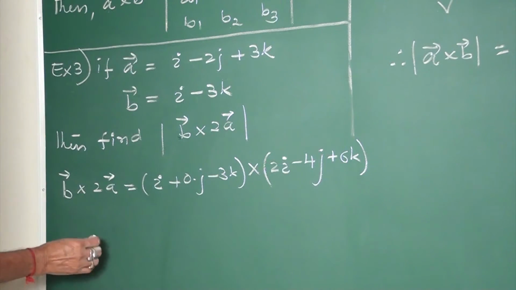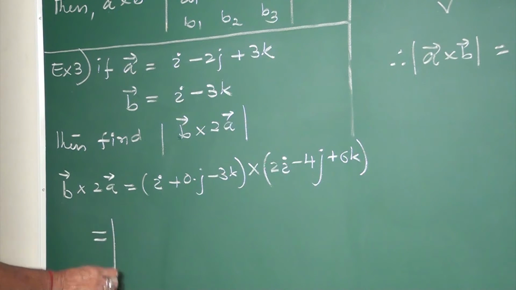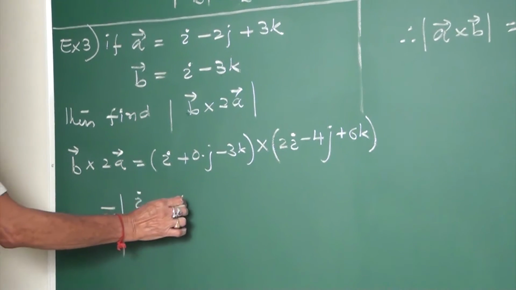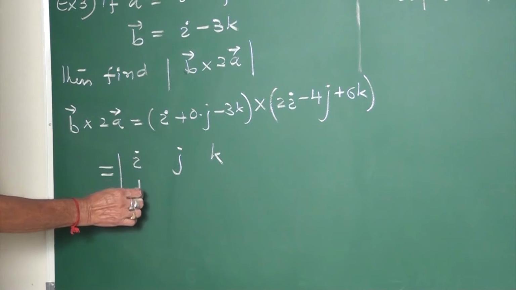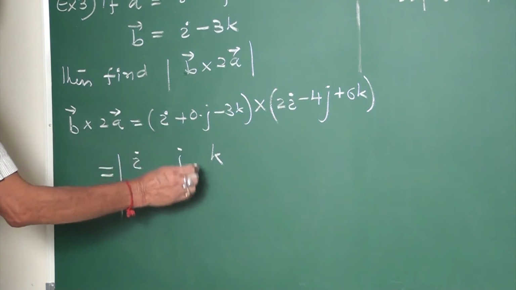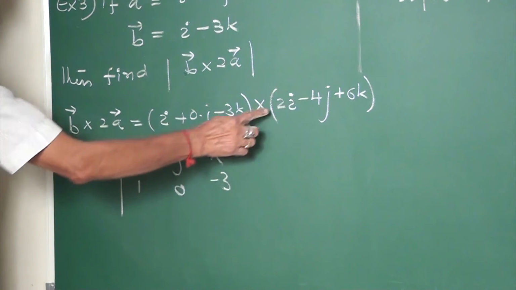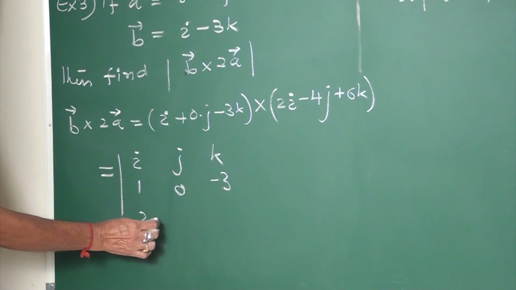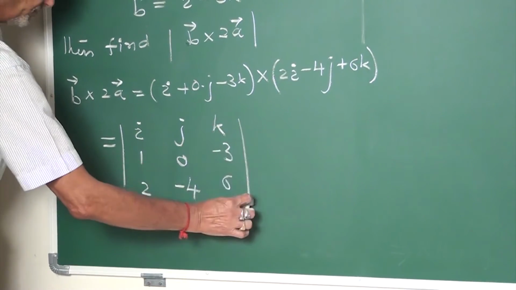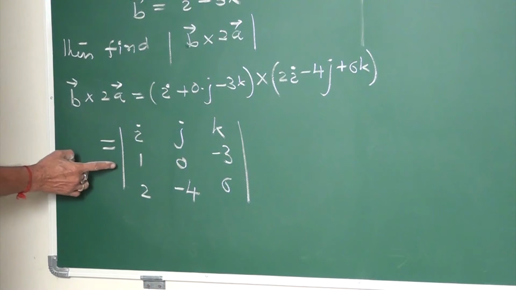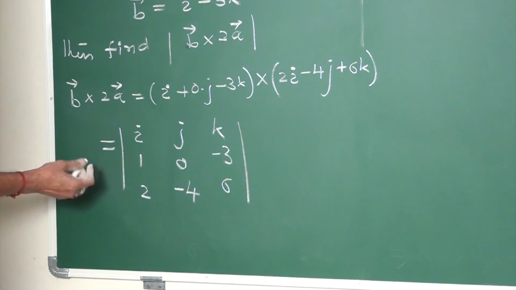Yes, right. Now convert into determinant. i, j, k; components 1, 0, minus 3; components 2, minus 4, 6. Now this cross is converted in terms of determinant.